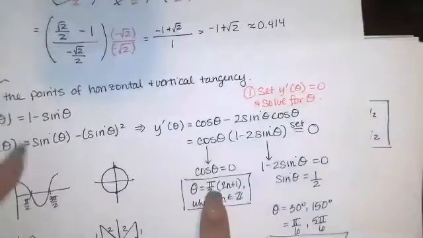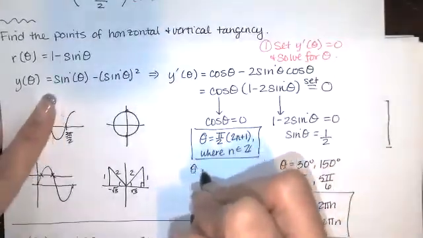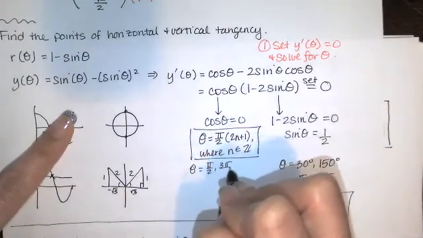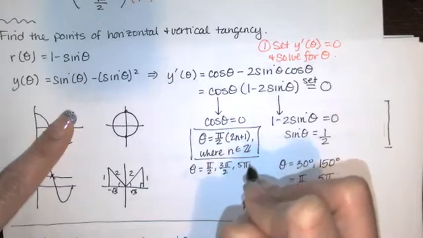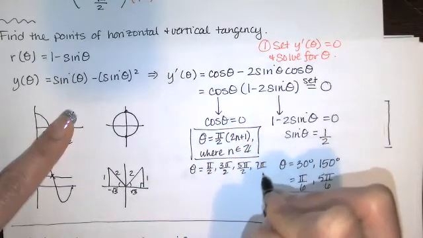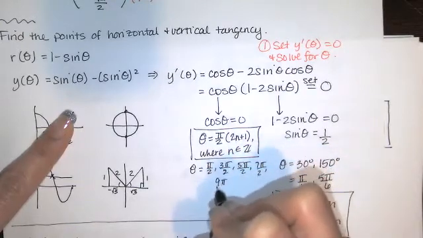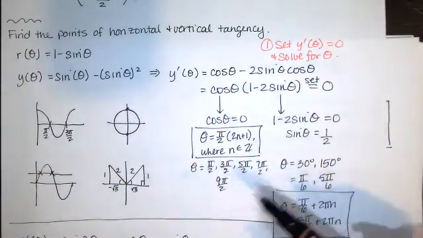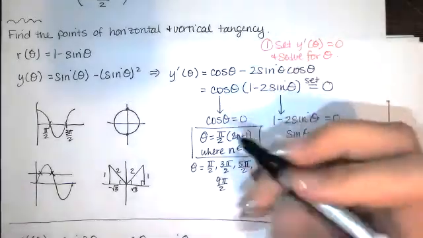And then over here, y prime is 0 whenever theta is equal to pi over 2, 3 pi over 2, 5 pi over 2, 7 pi over 2, 9 pi over 2. We don't get all of these. We can't have y prime and x prime 0 at the same time.